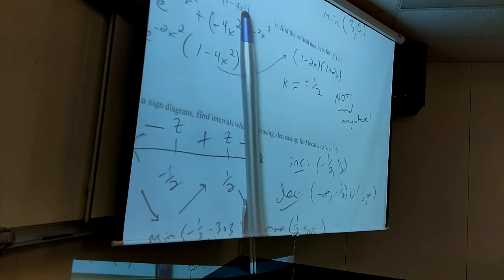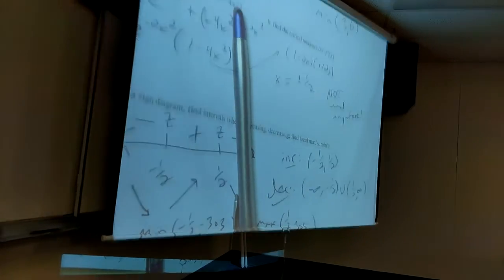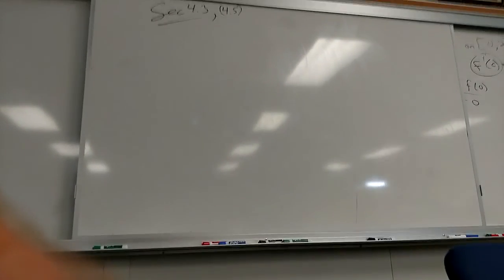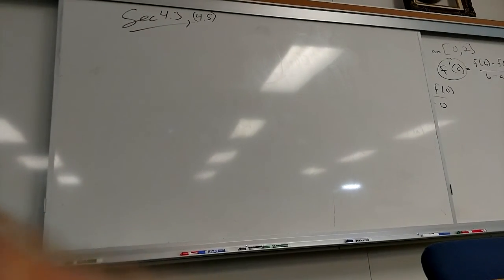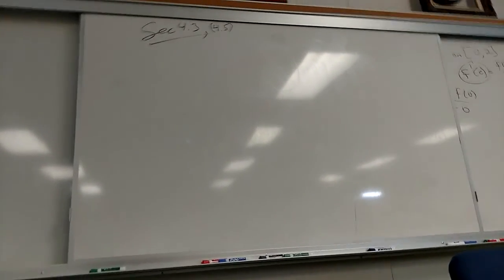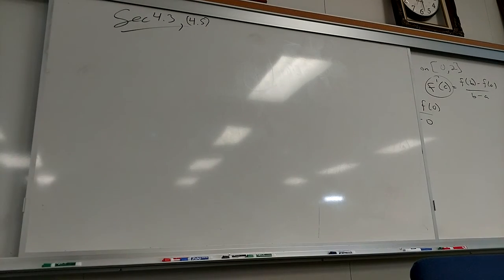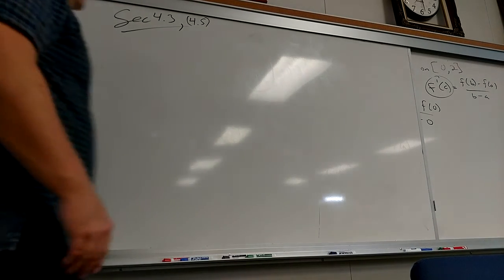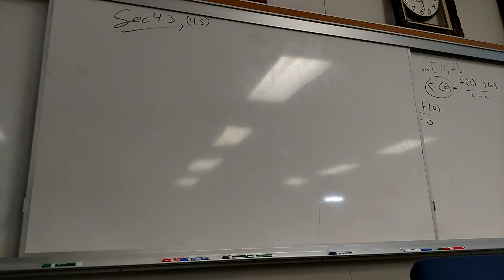So the last thing for today, I want to talk about something I've teased before. It is the idea of what a second derivative tells you. So what does a first derivative tell you?